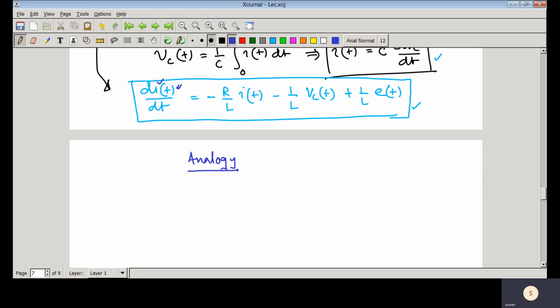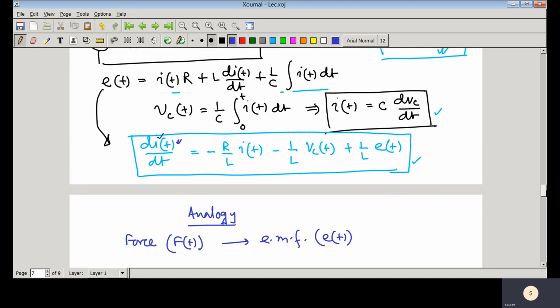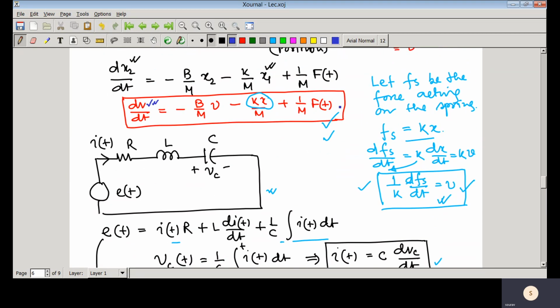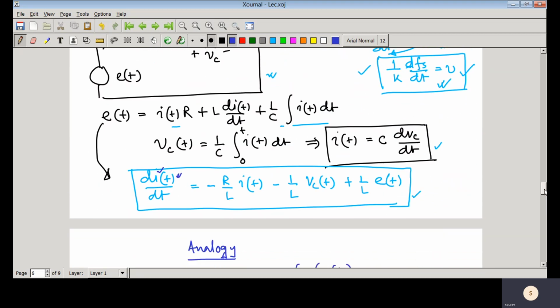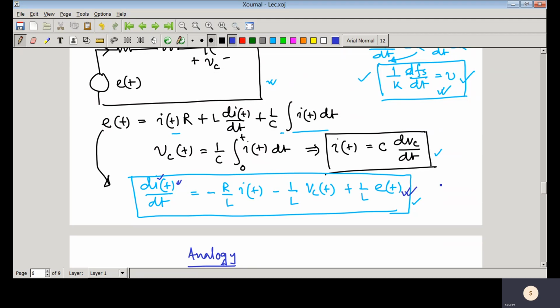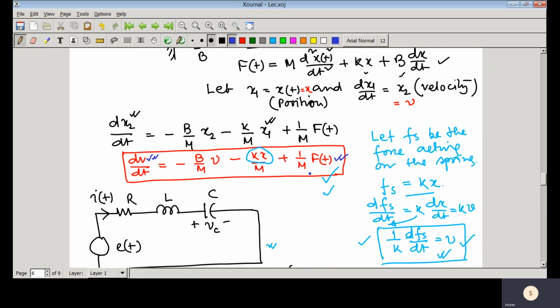if we draw the analogy, force F(t) is the voltage source EMF. So this is the electrical equivalent. Here this is the force, and here this is the EMF, and then that is 1/L, and here this is 1/M.